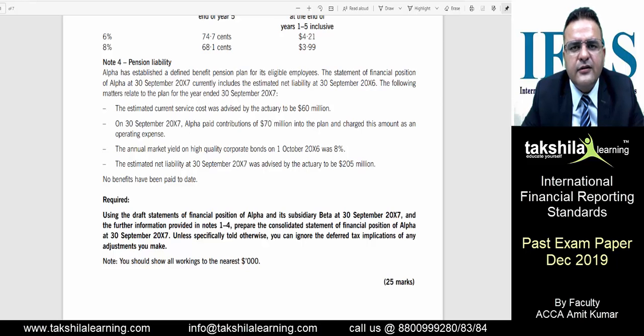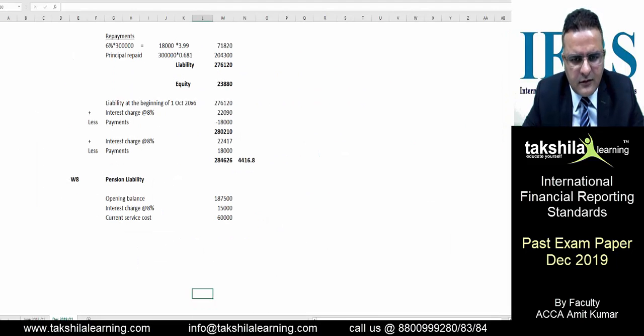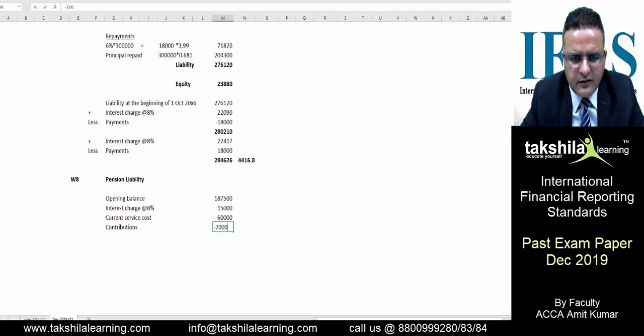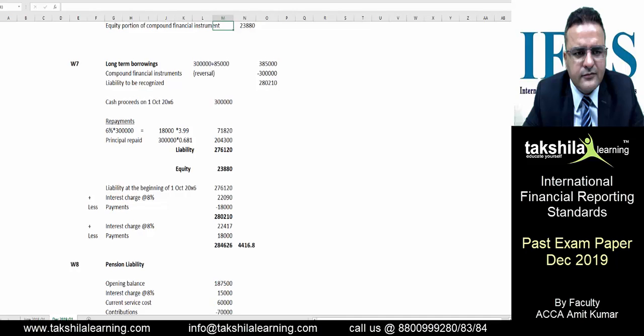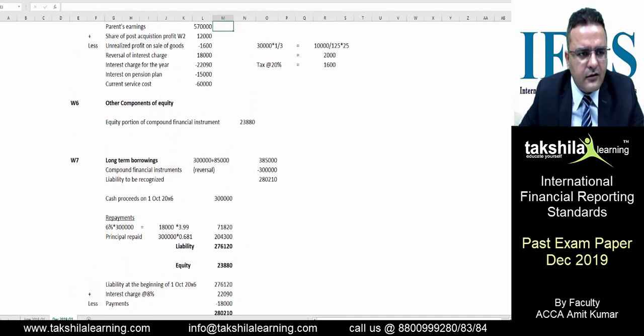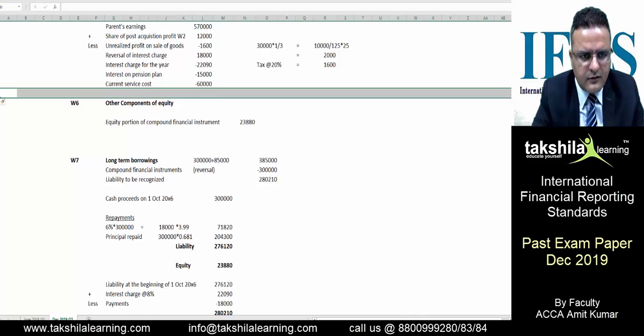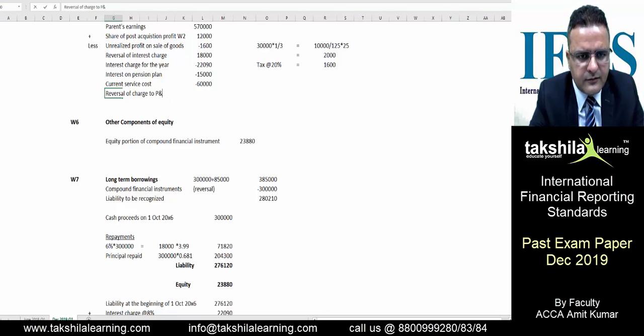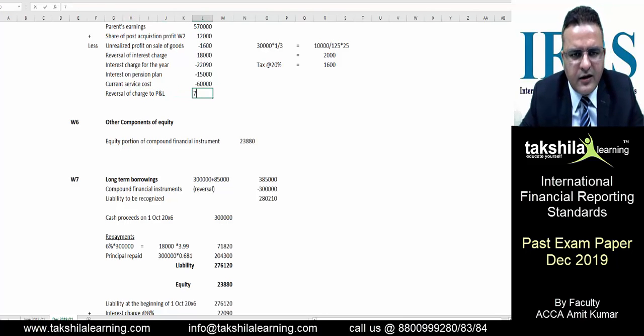For the contributions, the credit is cash and the debit is asset. This reduces the liability but is not shown as part of P&L. So contributions will definitely reduce the liability but will not be forming part of P&L. Reversal of charge to P&L. Add back 70,000.